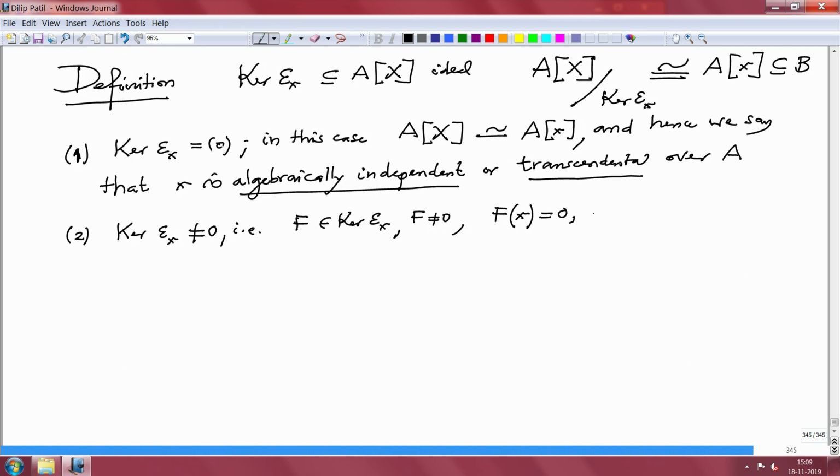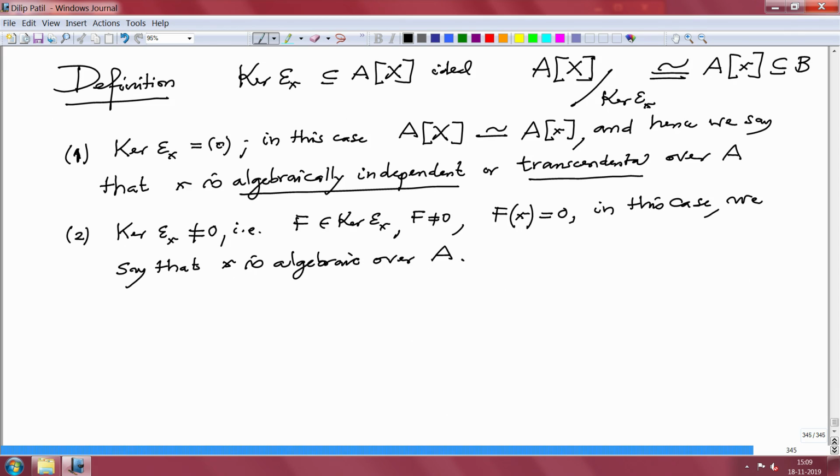In this case we say that x is algebraic over A. That means it satisfies a non-zero polynomial.